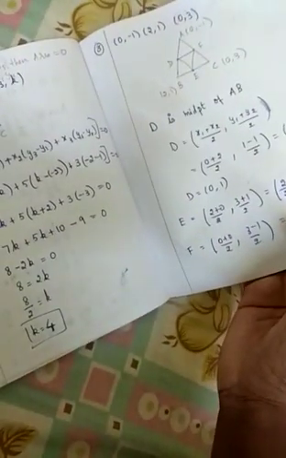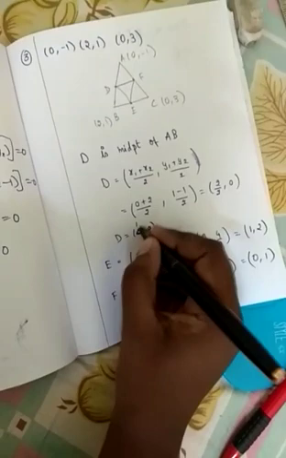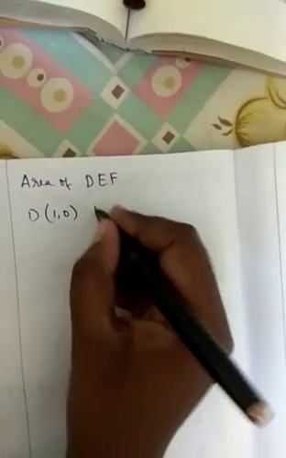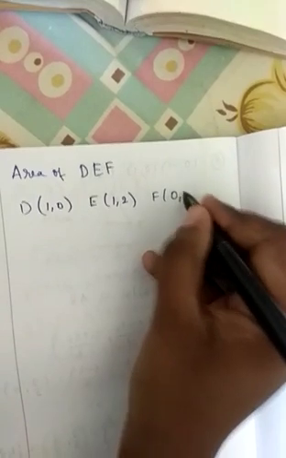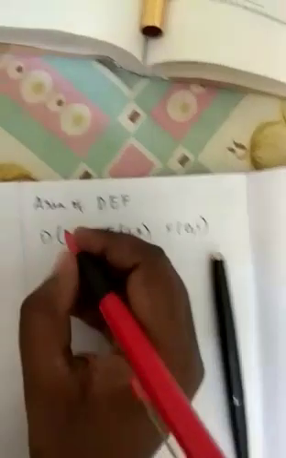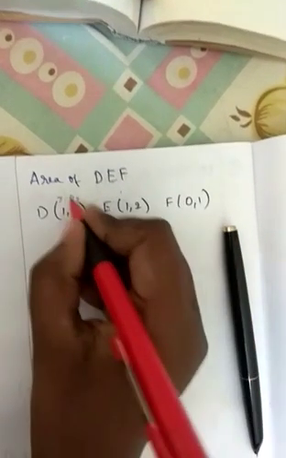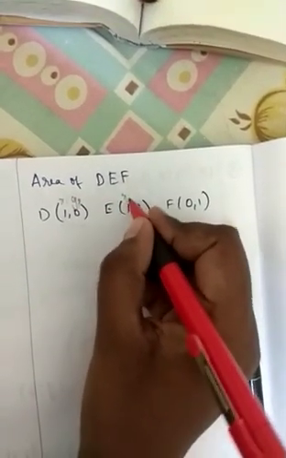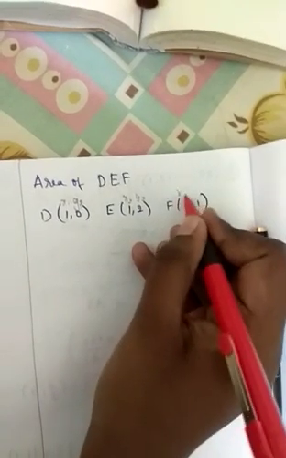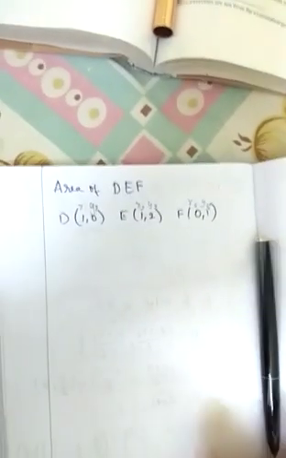D is (1, 0), E is (1, 2), and F is (0, 1). Now we write x1, y1, x2, y2, x3, y3.